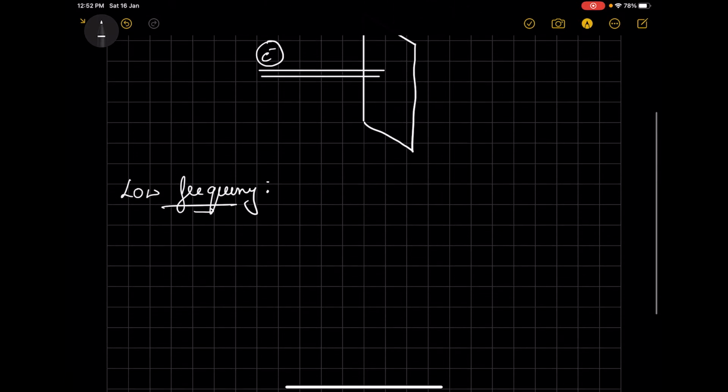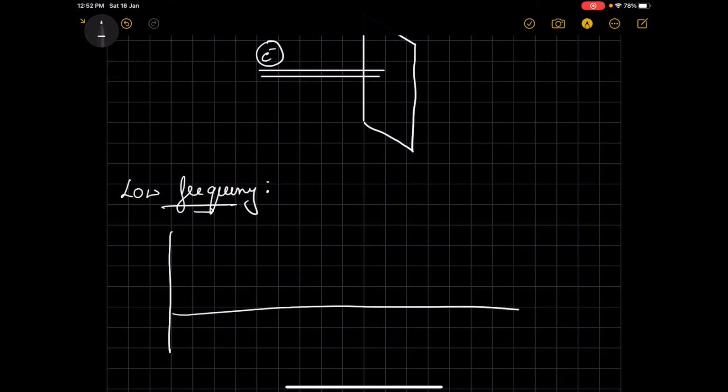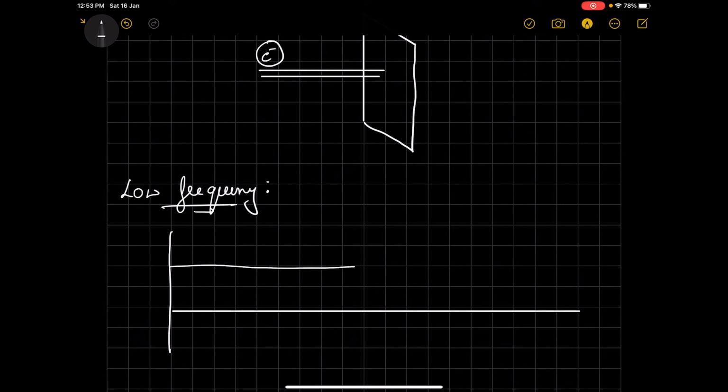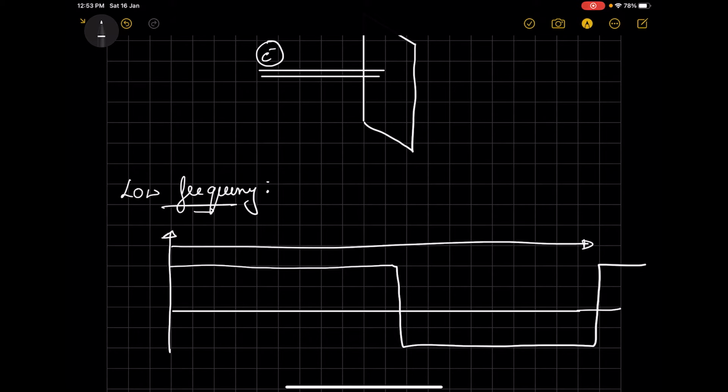For simplicity, let's take a square wave. As you can see, the square wave has a large period, and therefore the frequency will be low. Let's see how the electrons in the circuit with the capacitor behave for the signal.